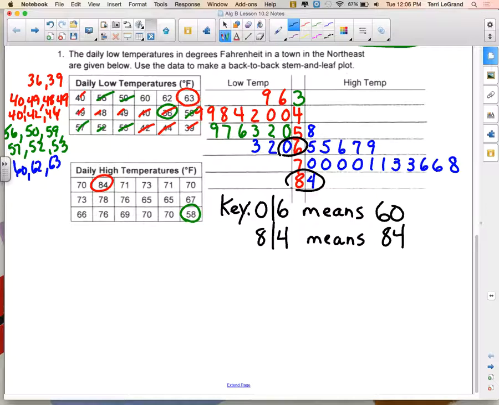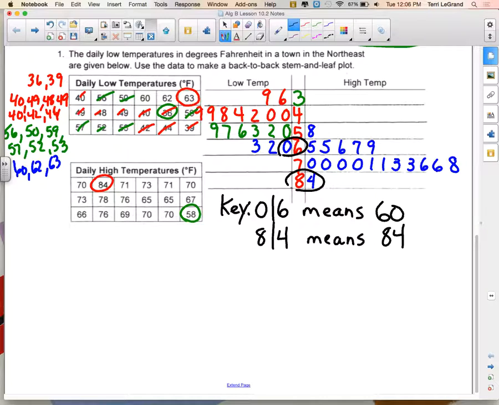What was the range of the high temperatures? Trey? 65 to 84. Really? Oh, 58 to 84. Which then we'd have to turn around into a subtraction problem.